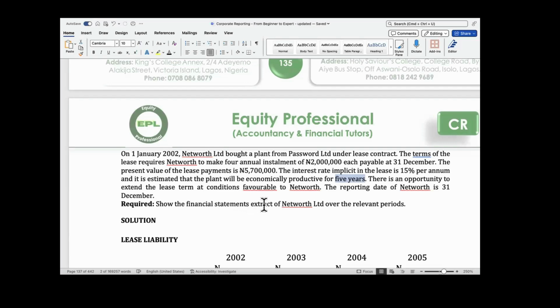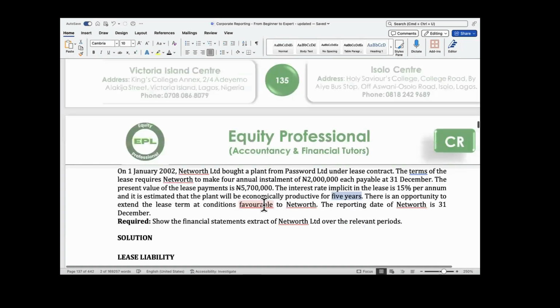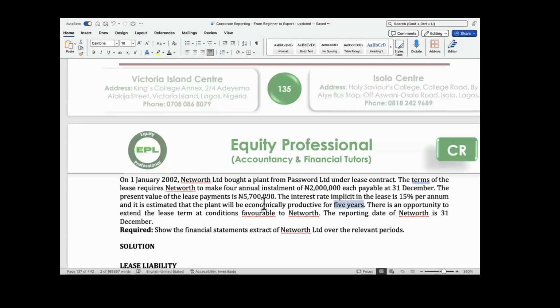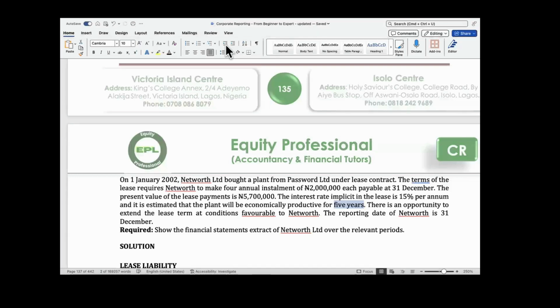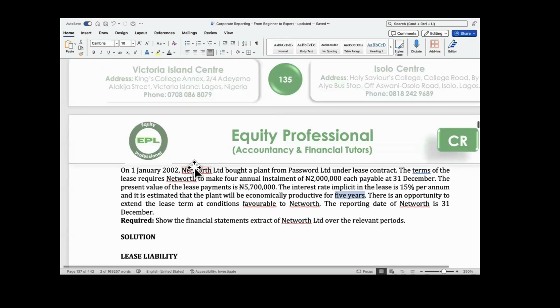Again, like I told you earlier, for the lessee, at the commencement date, what it does immediately is to debit right of use asset and credit lease liability. That is what it does at the commencement date. Let's get the value of the lease liability.